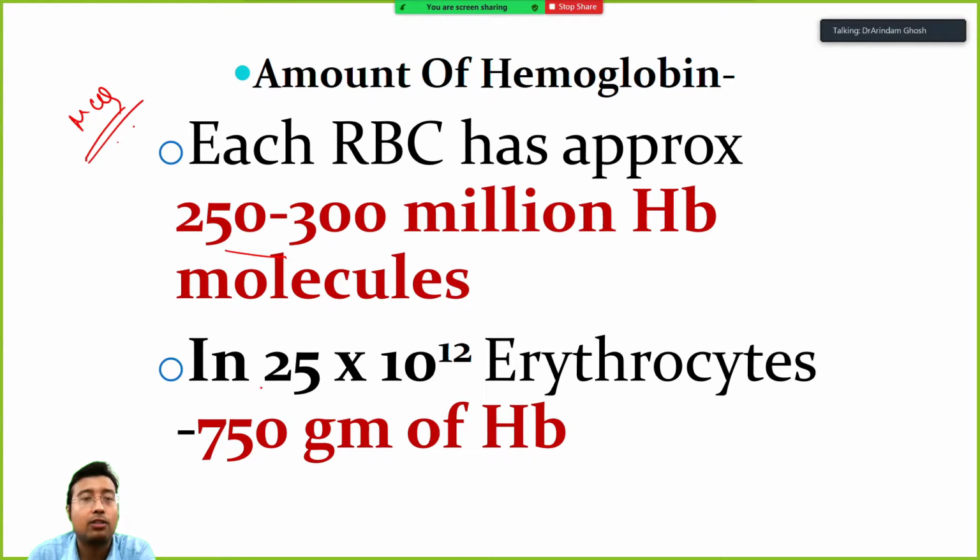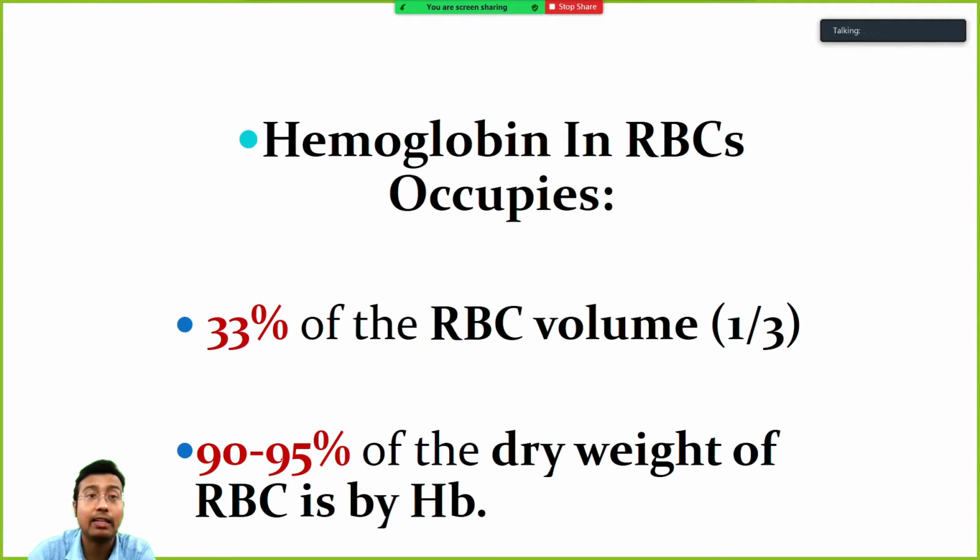The total amount of hemoglobin, on average, in 25 into 10 to the power 12 RBCs approximately amounts to 750 gram of hemoglobin. 750 gram is huge. Fine, so there is nothing to understand here, just remember the values. Again, a game of values.